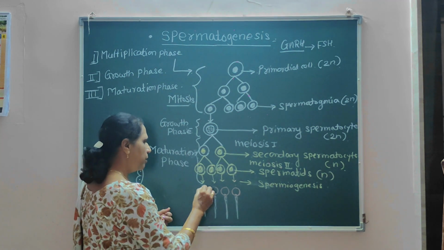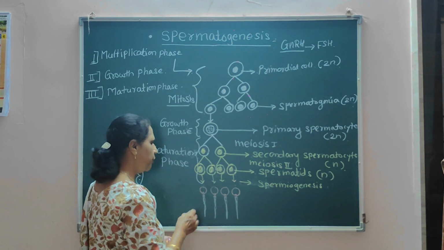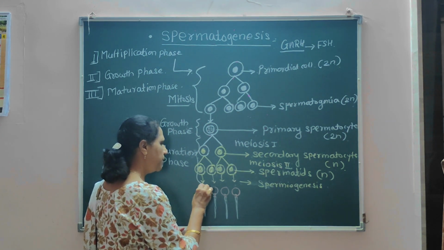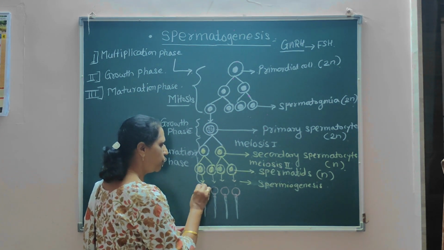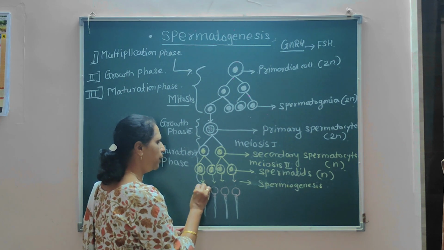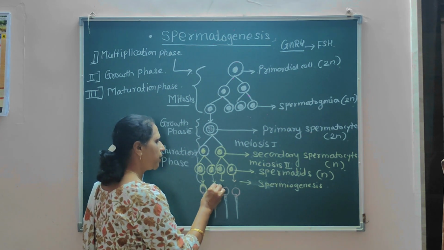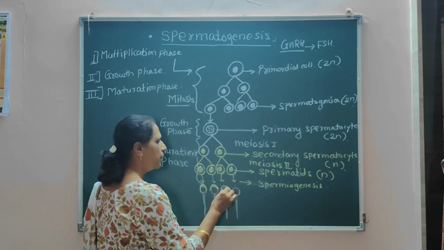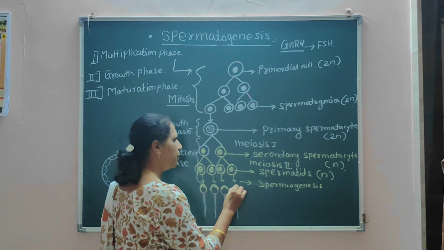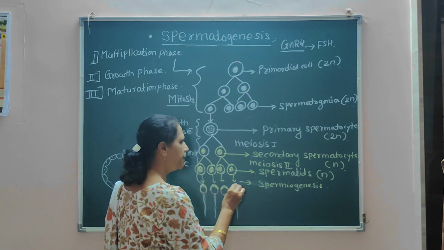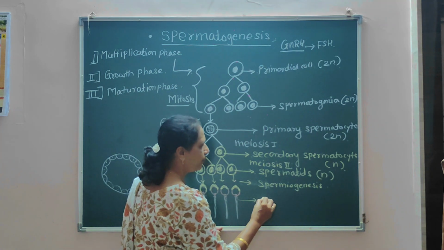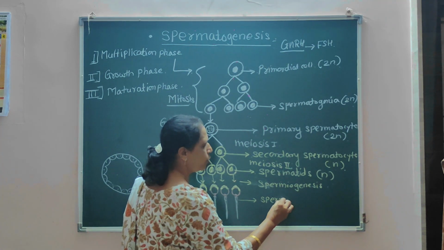And the acrosome forms on the head region of the sperm, developed from Golgi bodies. So spermatids convert into spermatozoa by these changes, and become functional. So these are sperms or spermatozoa.